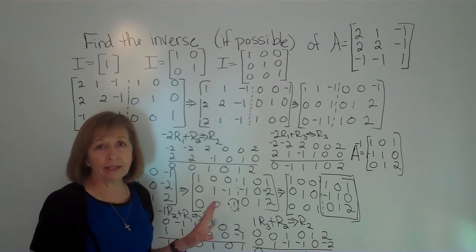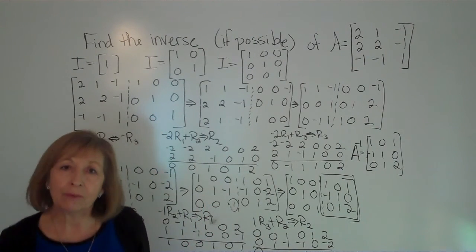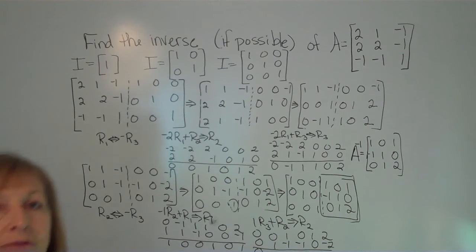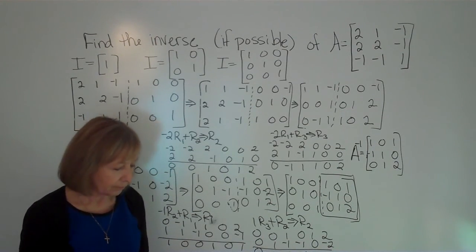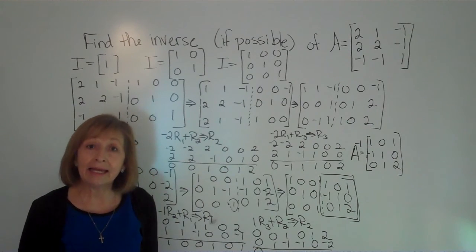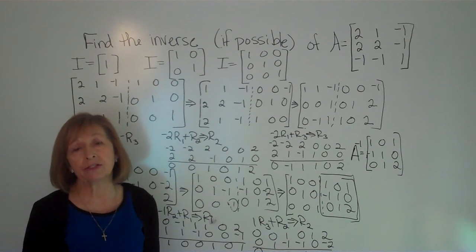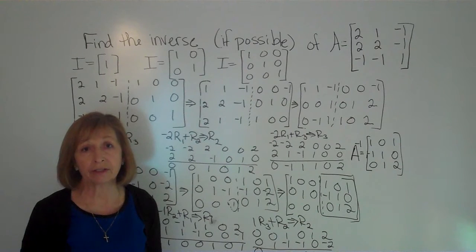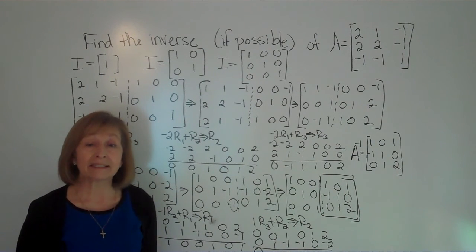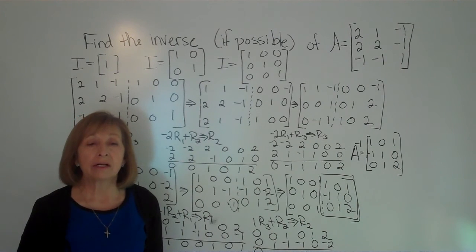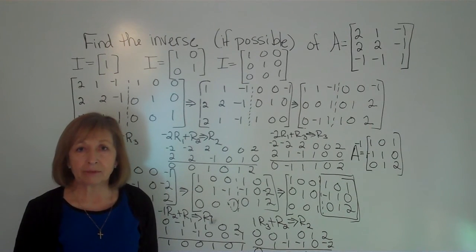Before we end this video, I just want to mention that if you have a TI-84 or TI-83 calculator, then you can enter this information into your calculator and have it calculate the matrix multiplicative inverse through the calculator options.